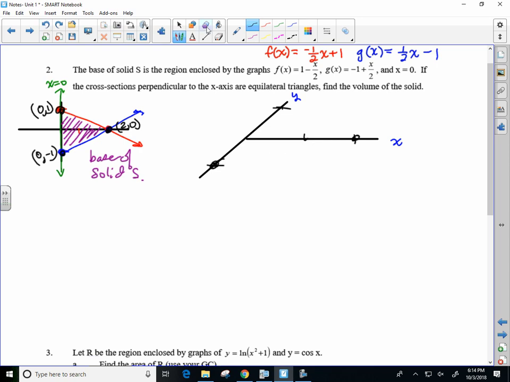I'll use the line draw tool because, as we know, I can't draw. Apparently I can't even use the line draw tool either. All right, so what I need now are cross sections perpendicular to the x-axis that are equilateral triangles. So let me draw an arbitrary rectangle.